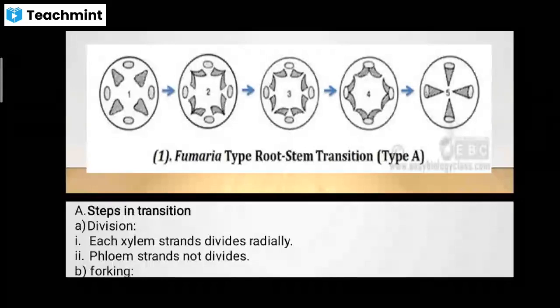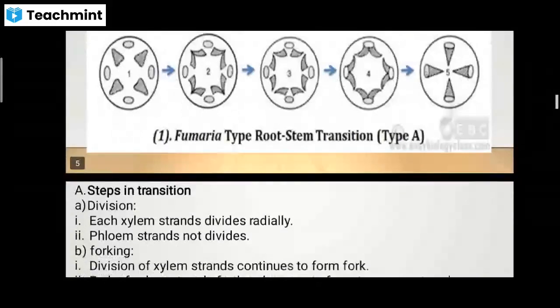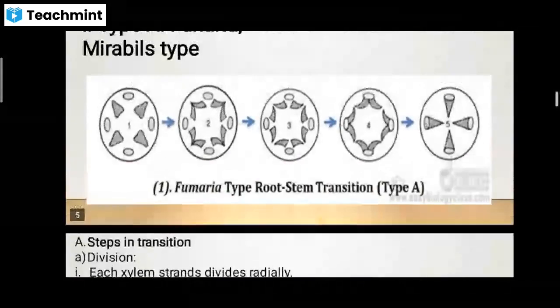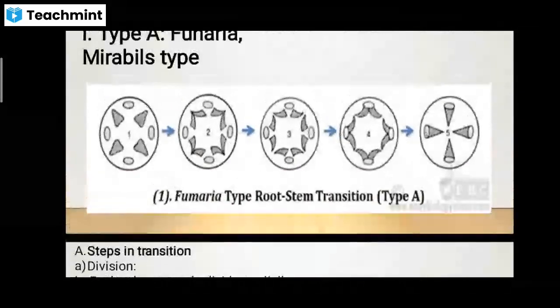Then the second step is the forking step. In the forking stage, what happens? The division of the xylem strand continues to form the fork. So the four xylem strands are further deepened to form two separate xylem strands from each. Here you can see the third one. In the third, forking takes place.